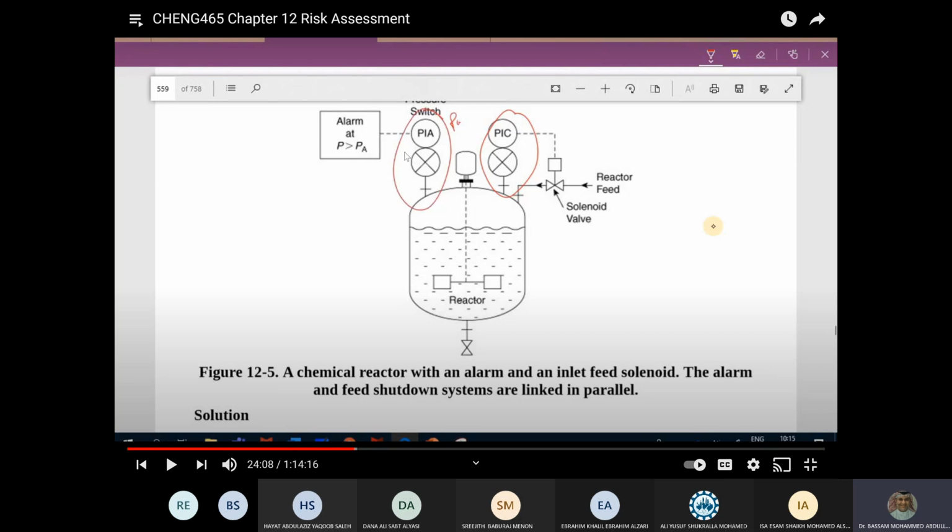So if we have only one alarm system and the switch goes off, or the alarm goes off for any reason, then your whole alarm system goes down. But if this goes down, you have a redundancy where you can still have another alarm system, which means your system is much more reliable. Why? Because you have a redundancy.